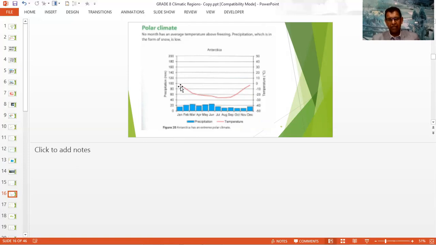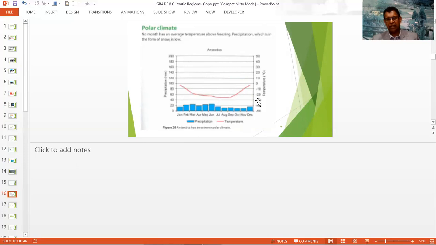And if we examine our temperature graph, there's January, you'll note the temperature is decreasing all the way, recording the lowest temperatures in the months of July, August, and September, and it tends to go up thereafter.